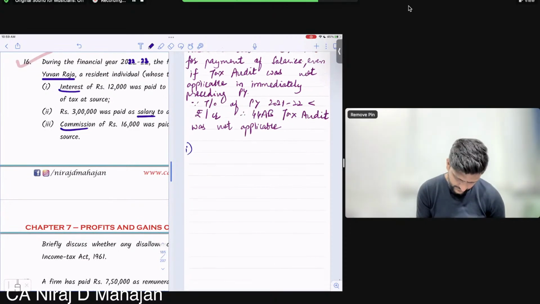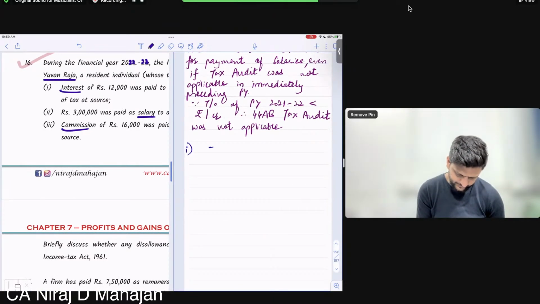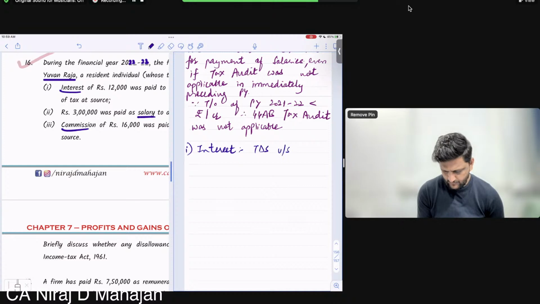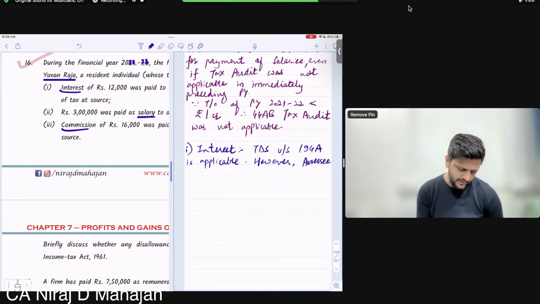Interest. I'm just writing the type of amount. TDS under section 194A is applicable. Full stop. However, the assessee is not liable for TDS. Okay?